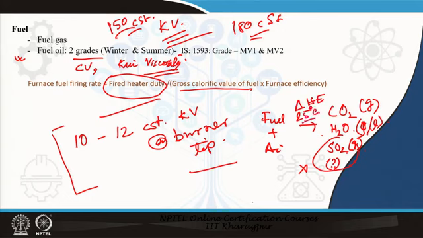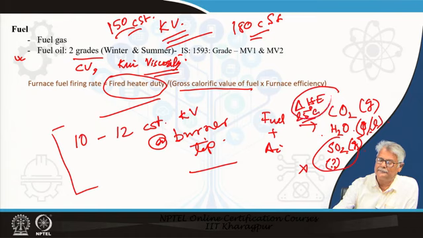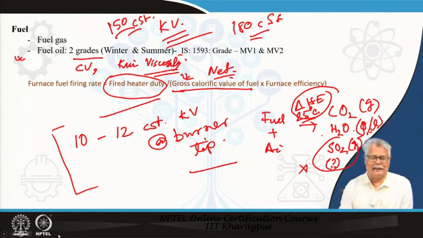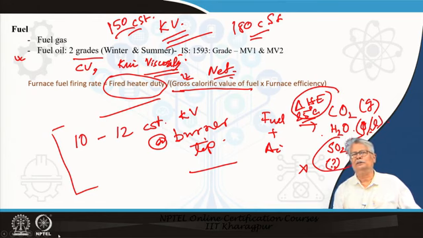If you consider the product water to be liquid, you will be extracting more amount of heat. So, there are two definitions of the calorific value. One is the gross, the other is the net calorific value, and you are supposed to use the gross calorific value in this case, which considers CO2 as gas, which considers H2O produced from this combustion as gas, so that you extract less amount of heat from it during your estimation.